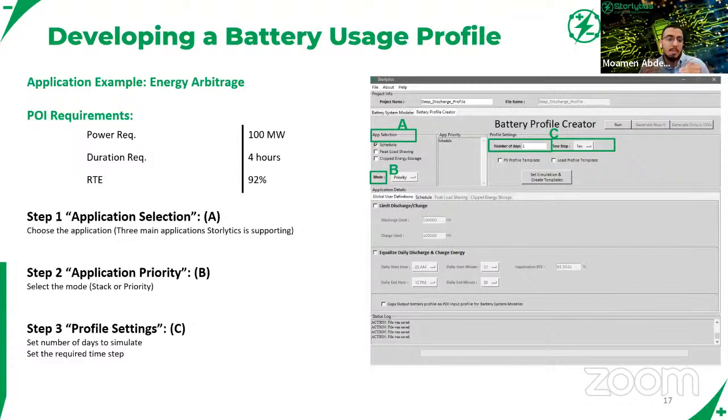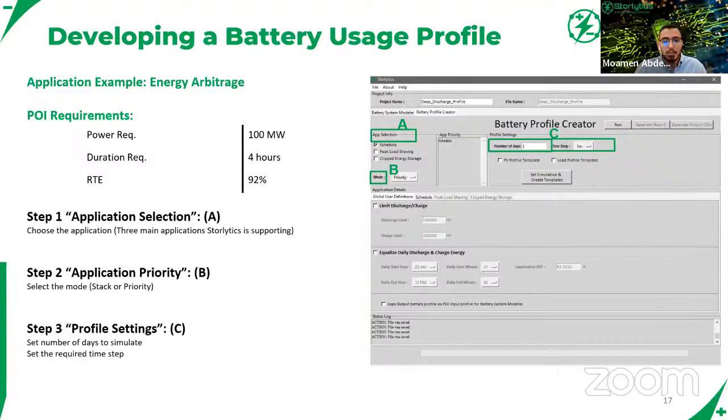There is a good option in Storlytics, which is the mode application priority, step 2. You can use either priority or stack. You can stack your applications, as will appear in the app priority window, or prioritize your applications in the order you want during the simulation of your project.